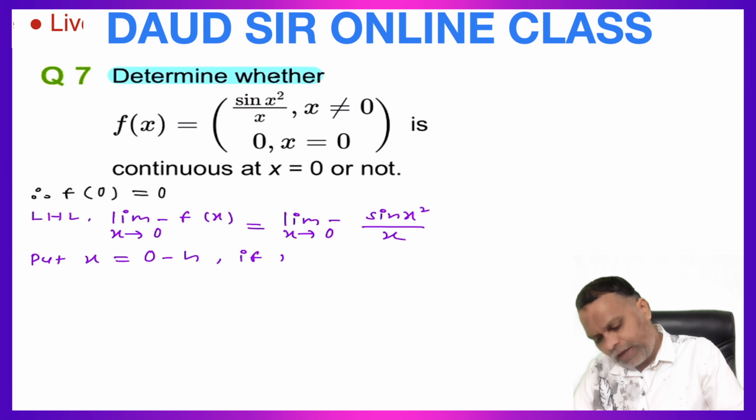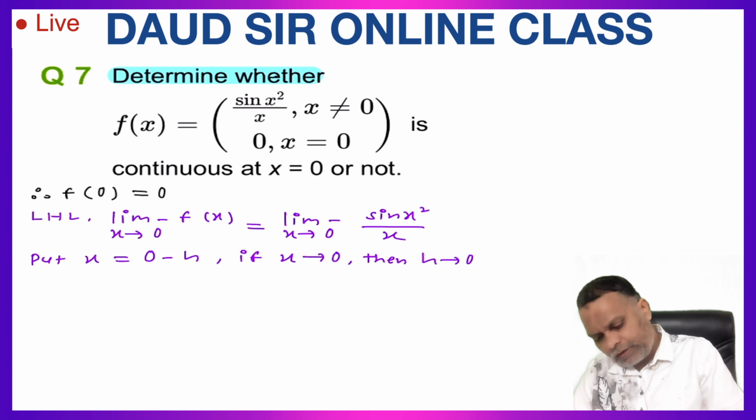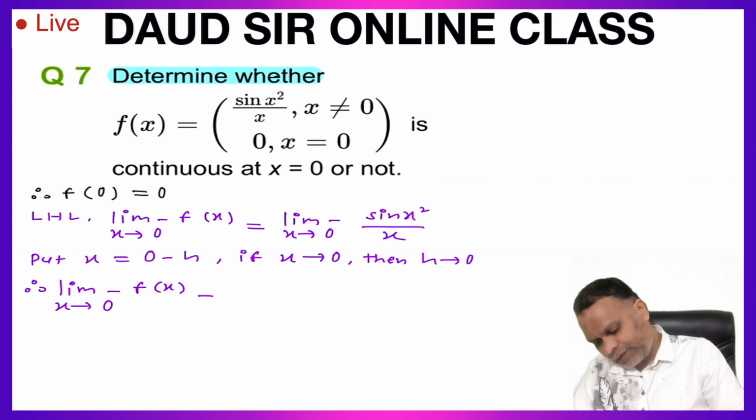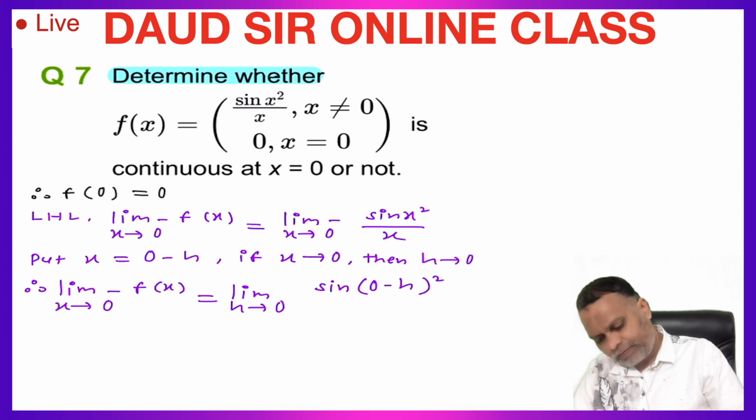Change tends to: if x tends to 0, then h tends to 0. Therefore, left hand limit will become limit h tends to 0 sine 0 minus h whole square upon 0 minus h.